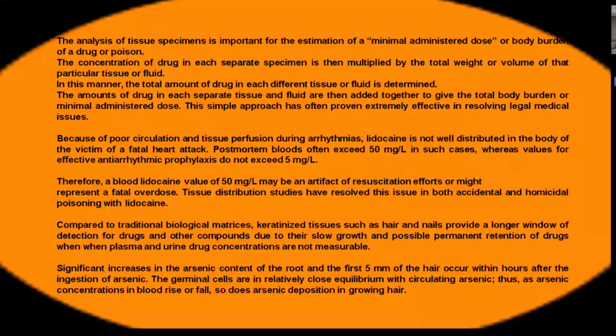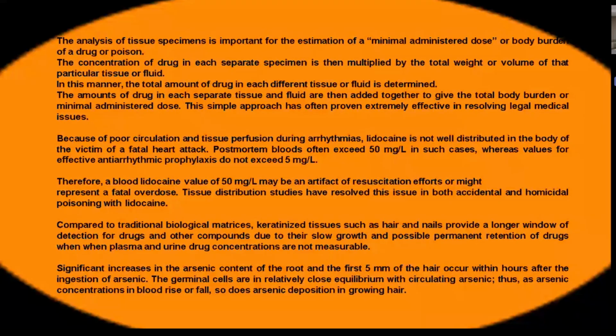So this analysis of tissue specimens is very important, because we should know the minimal administered dose, or whether it became a burden for this drug or poison. For the concentration of drug in each specimen, there are some calculations by which we can know in which particular tissue or fluid we have found it. Then, how much we have found, we calculate with the total body weight, and we get how much amount of toxin was actually administered.